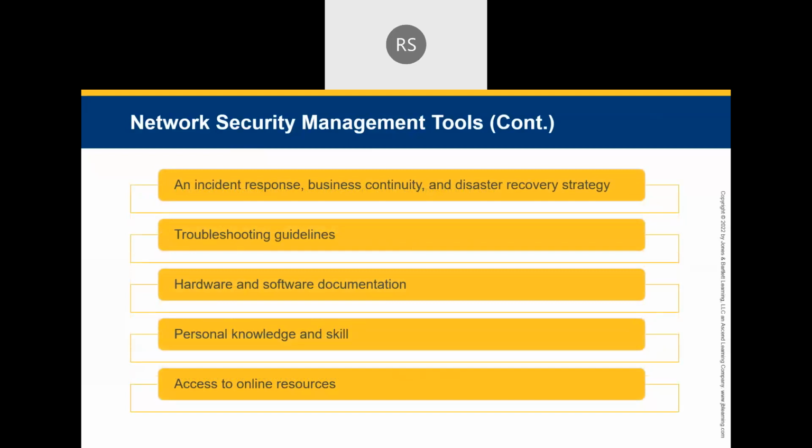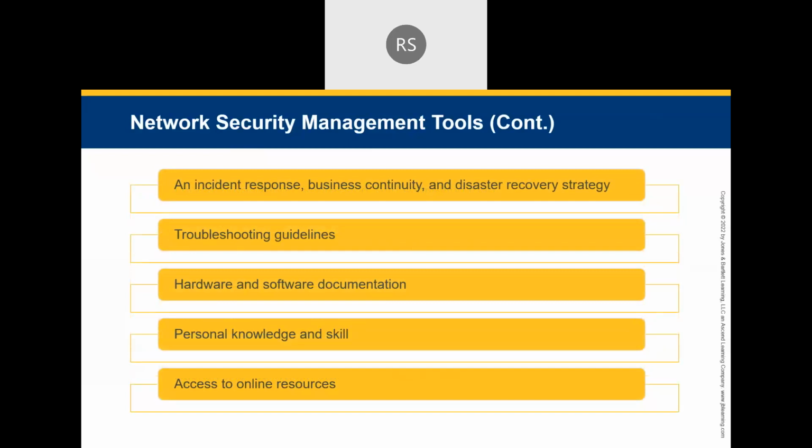You also want to develop and maintain a comprehensive incident response, business continuity, and disaster recovery strategy to mitigate the impact of your security incidents that'll happen. This is to ensure operational resilience and also to help with a timely recovery.